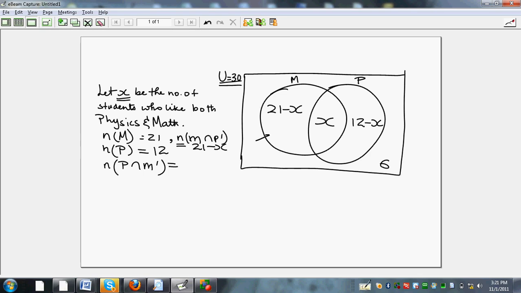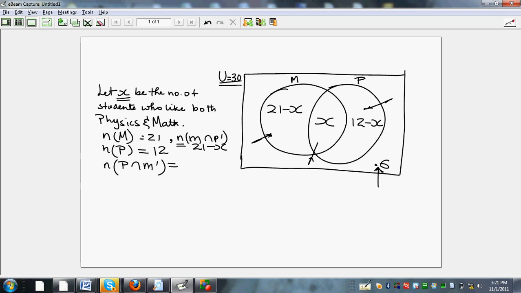So you'd have to add up math only, those that like math and physics, those that like physics only, and those that like neither. And we could form an equation, right?